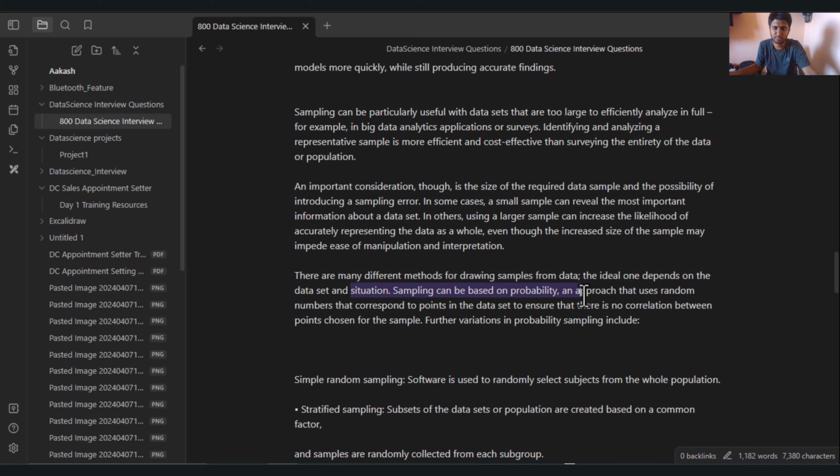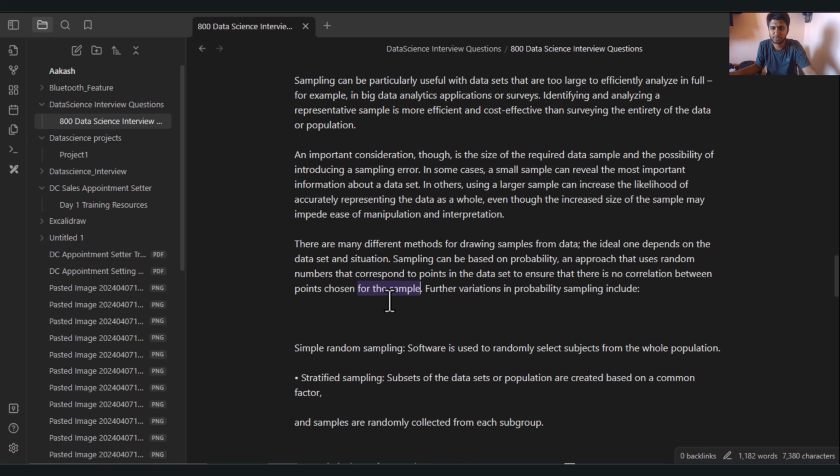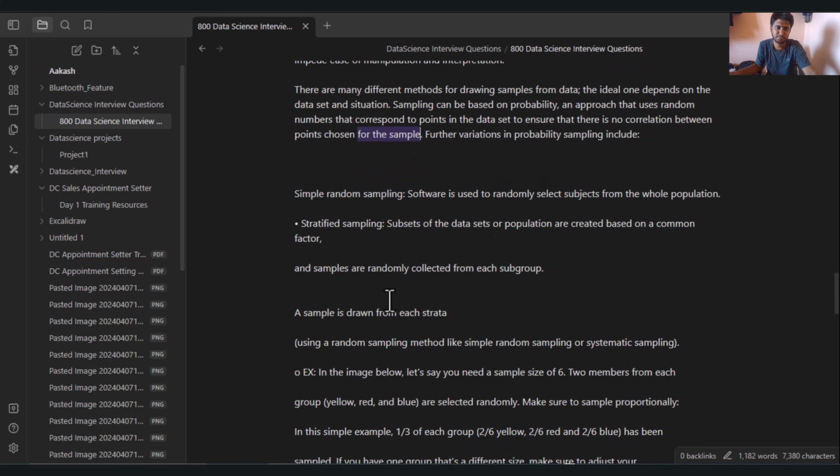Sampling can be based on a probability approach that uses random numbers corresponding to points in the dataset to ensure that there is no correlation between the points chosen for the sample. Further variations in probability sampling include simple random sampling, where software is used to randomly select subjects from the whole population.